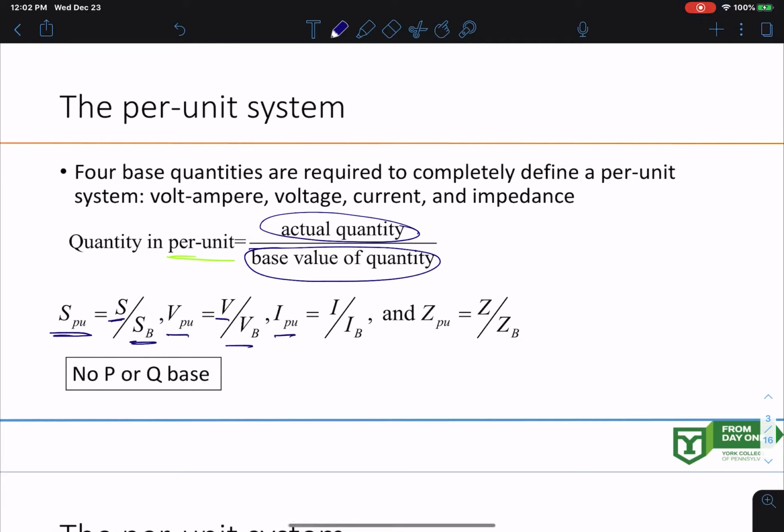Current is the same way: actual current over base current. And impedance is also actual impedance over the base impedance. There's no base for real power and reactive power, because real power and reactive power can be derived from your apparent power. You know that apparent power, or complex power, is P plus jQ. As soon as you know that, you can find P and Q from there.